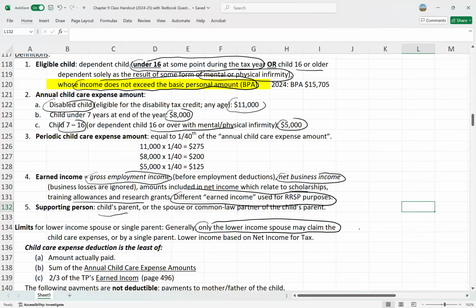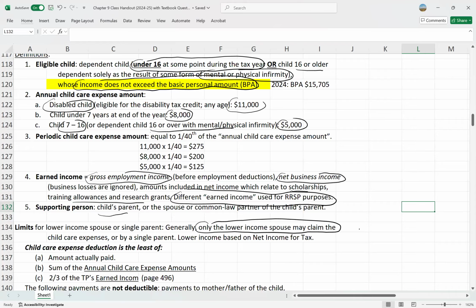Maybe they're wealthy enough so that one parent does not have to work, but they're so wealthy that they hire someone to take care of the kids. Because the lower income spouse is not working, they should not be able to claim childcare expenses because even if they hire somebody, they are able to take care of the children because they are not working.